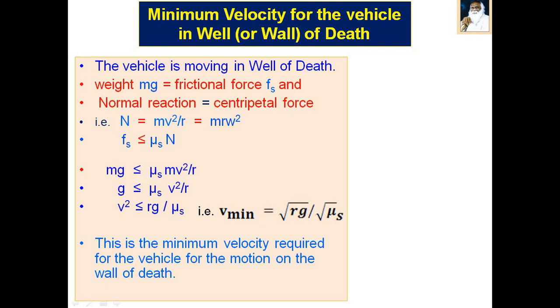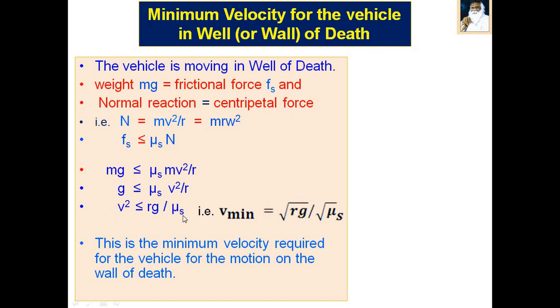We know that the force of friction is always directly proportional to the normal reaction. But in case of the well of death, this force of friction is less than or equal to mu N. Therefore, we can write mg is less than or equal to mu s into N, that means mv square upon R. From this equation, we can calculate v by making certain mathematical steps.